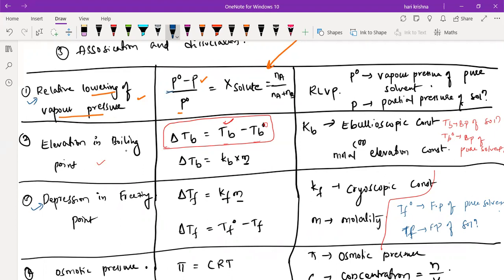First the pure component will come, then the solution in both cases. So delta TF equal to TF naught minus TF in the case of freezing point. Same as relative lowering of vapor pressure, P naught minus P, and delta TF equal to KF m. The KF value they will give in the exam, and molality we have to find from the given data, and the remaining things we have to find are delta TF and delta TB.